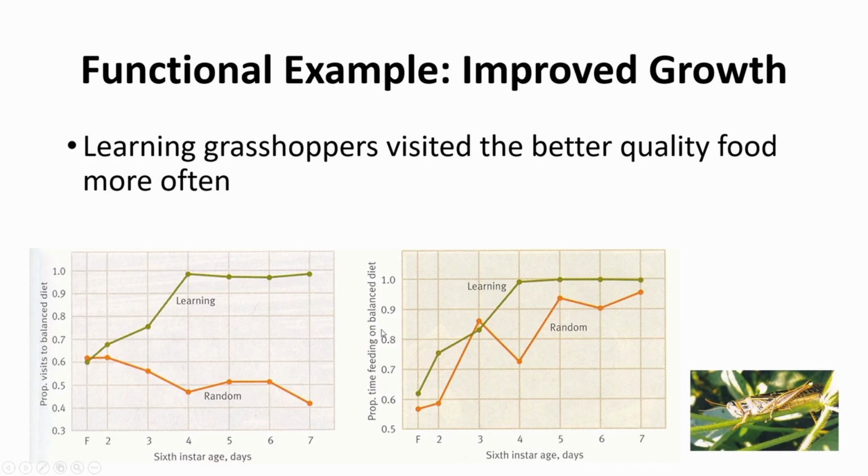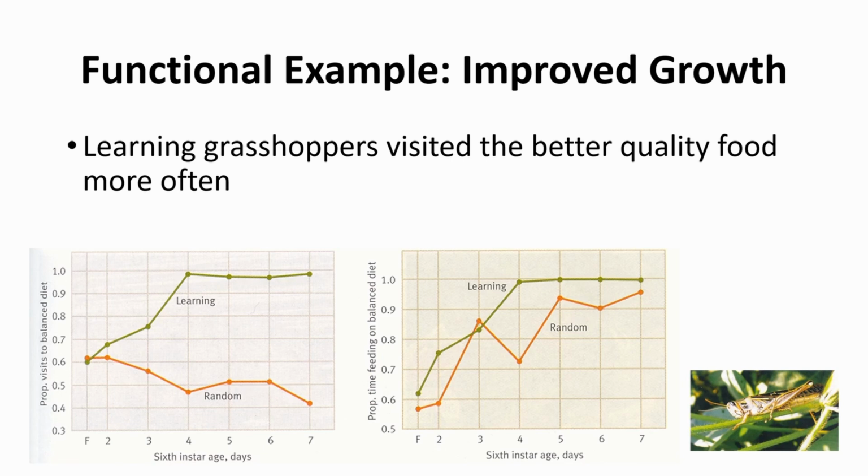So they liked to eat the food that was more beneficial to them. So even the random group, when they found that balanced diet plate, they spent more time there eating that food, but because they didn't know which side to go to or which color to go to or which smell to go to, it took them longer to figure out which plate they should be going to get the best food.